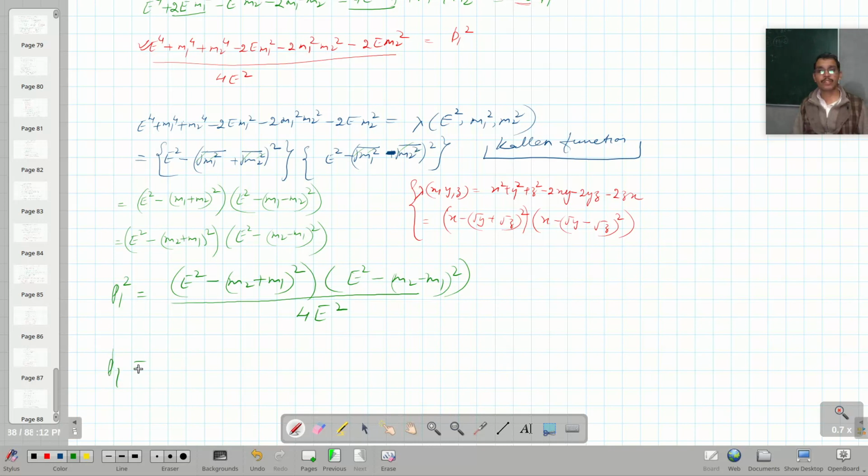So taking positive value, p1 can be estimated like this. So it is e² minus m2 plus m1 whole square and e² minus m2 minus m1 whole square under the root, twice of e.